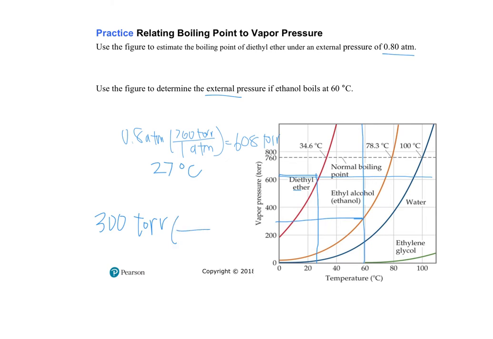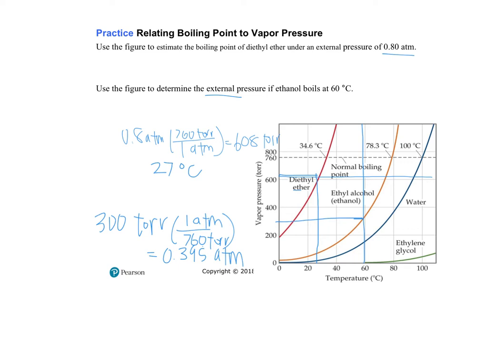If we take that, it doesn't ask that, but this should be fine, divide by 760, then we get 0.395 atmospheres.